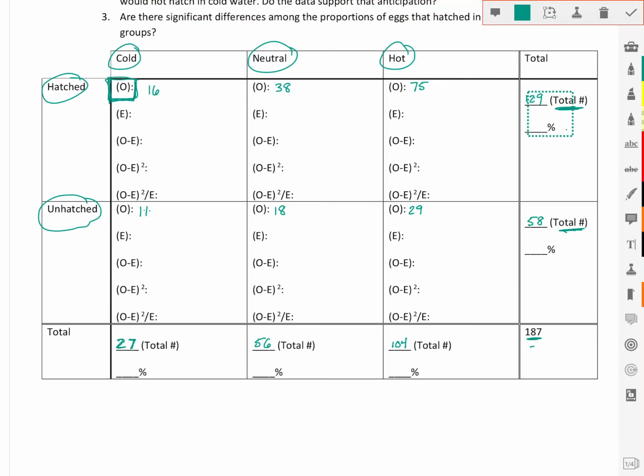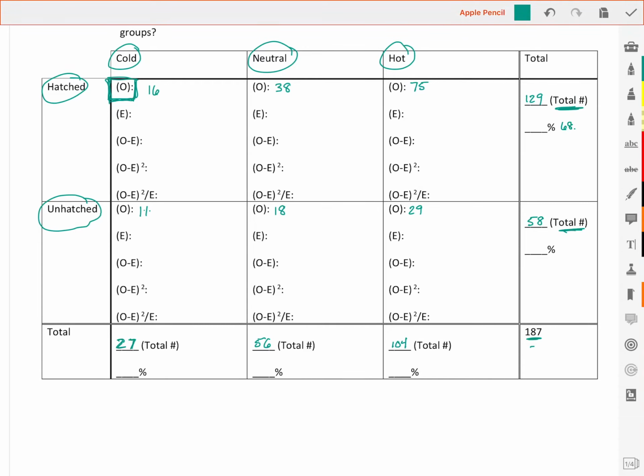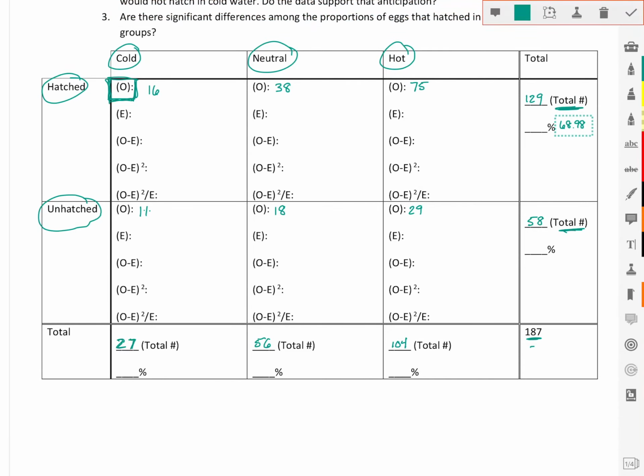Well, we take a look at this total number of hatched eggs, 129, and our total number of eggs, 187, and we do 129 hatched divided by 187, which is going to give us 0.6898, or in other words, 68.98%. So what we're going to do is now move that over here.